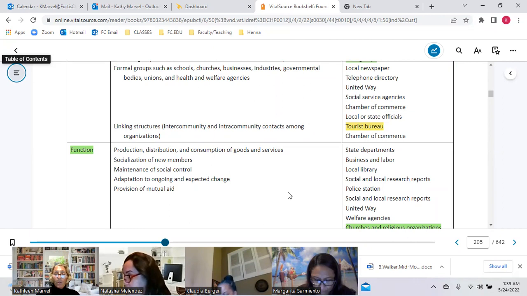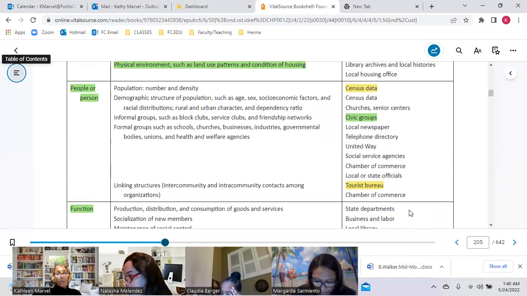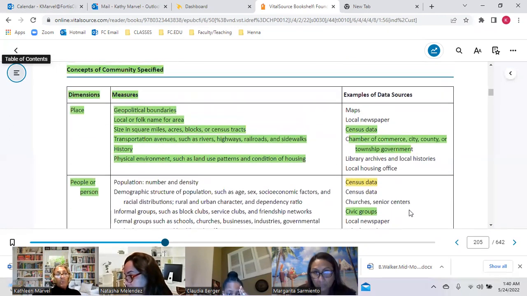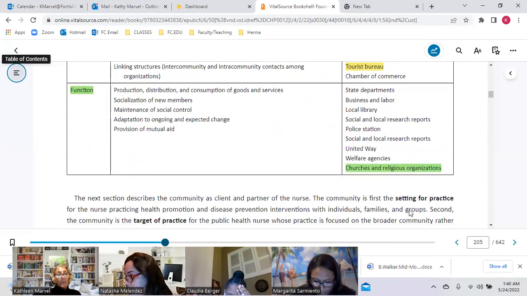There you might turn to business and labor people for information, the local library, or the police station. So those are the three dimensions of community assessment: people, place, and function.